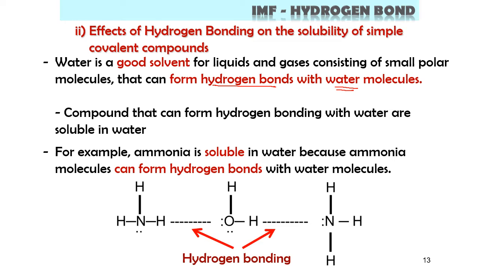For example, let's look at ammonia. Ammonia is soluble in water because an ammonia molecule can form hydrogen bond with a water molecule. So if the question asks you to show the solubility of a covalent compound in water, you have to show it. For example, you have NH3. You must show it can form hydrogen bond with a water molecule, and then label the hydrogen bond.